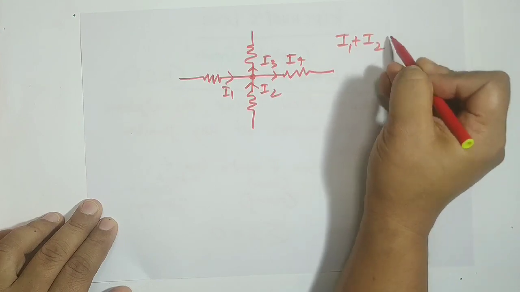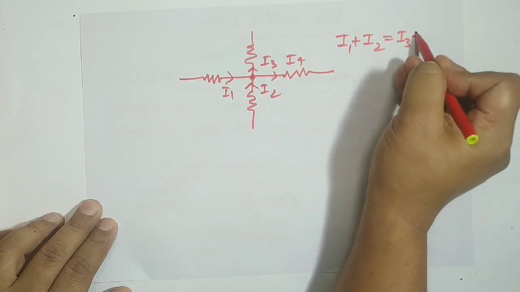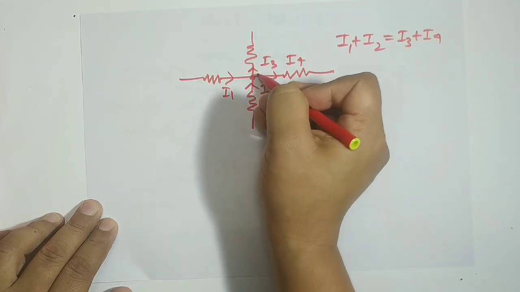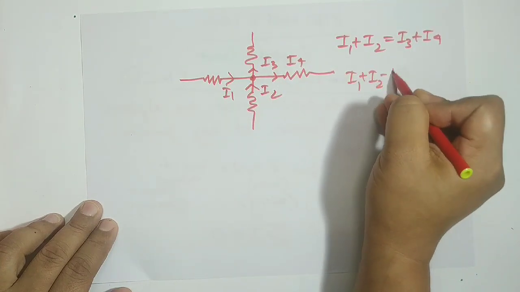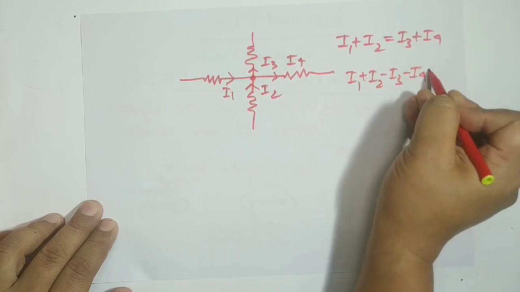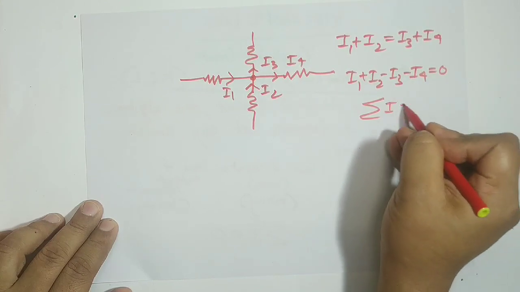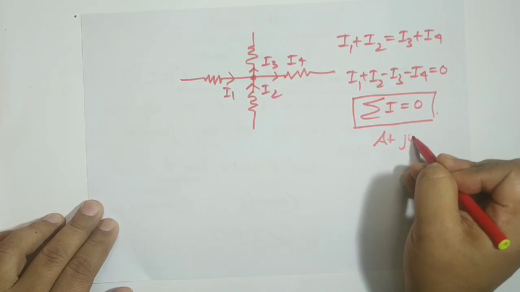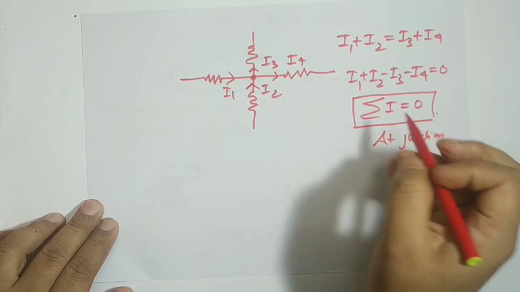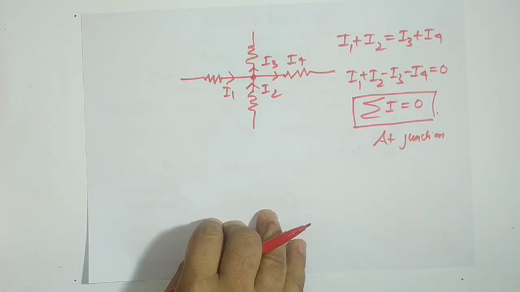I1 plus I2 is equal to I3 plus I4. These are the input currents, these are the output currents. Or we can say I1 plus I2 minus I3 minus I4 is 0. Or summation of I is 0 at a junction. So this is the junction where the net current is 0.